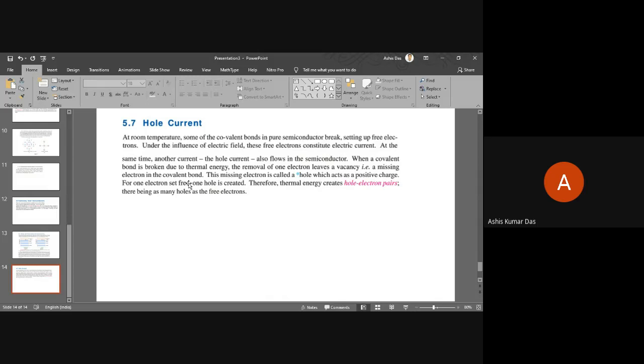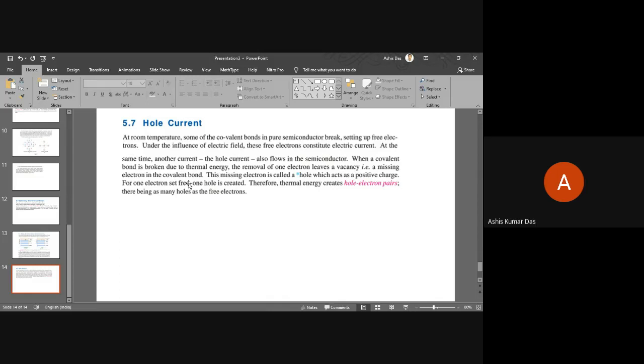So in semiconductors, we mainly have two types of current. One is called the electron current, another is called the hole current. So how is this hole there? Because in a semiconductor we have covalent bonds. Generally a covalent bond is not detachable, but somehow, due to thermal agitation or an electric field, some free electrons become available. When an electron jumps away, it leaves some vacancy.